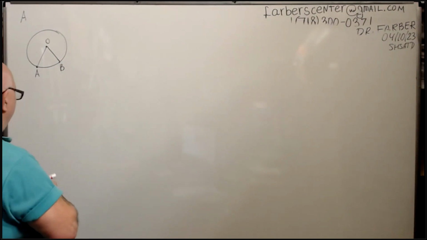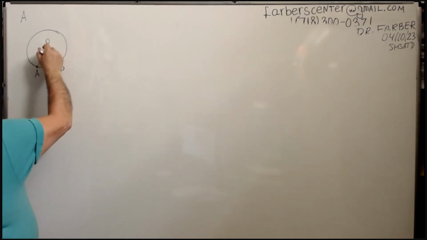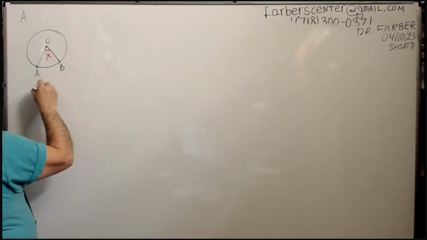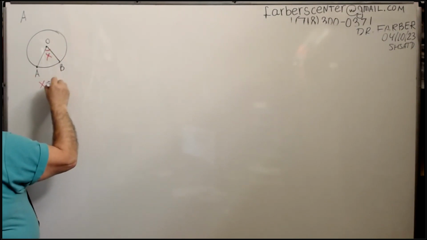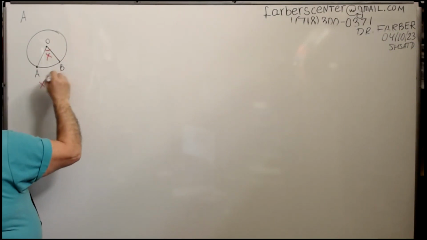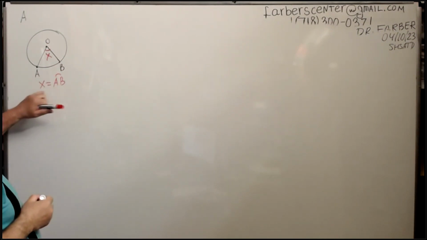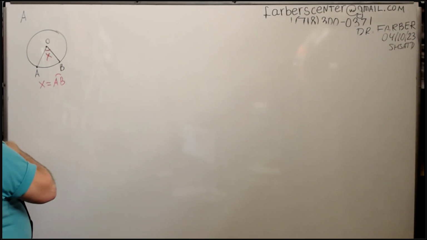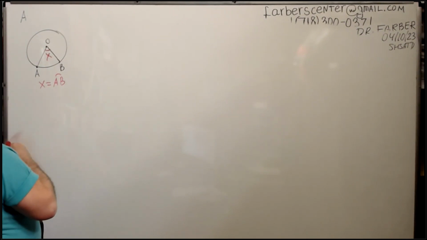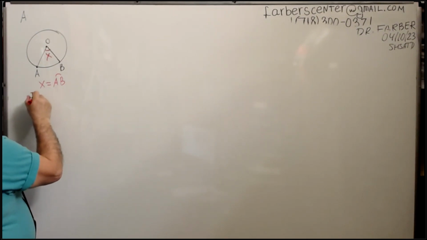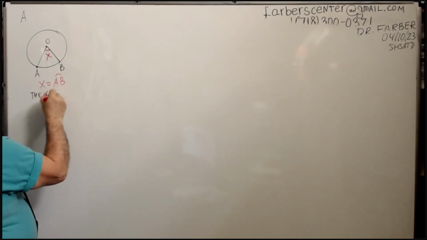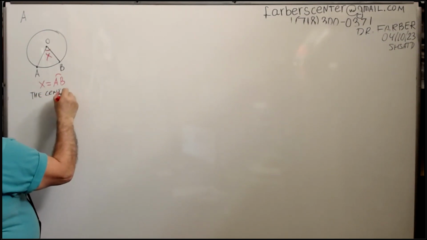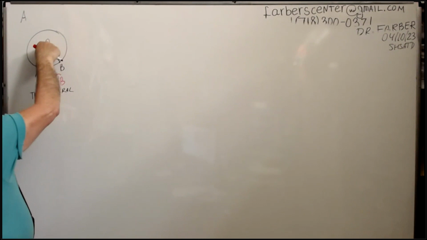And the center angle X equals AB. The central angle equals the intercepted arc. You can't make a mistake because it's so easy. The vertex belongs to the center.